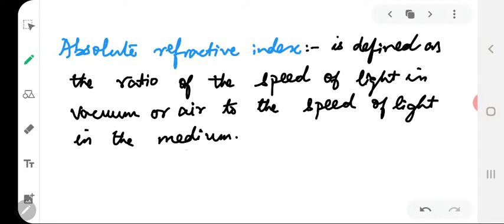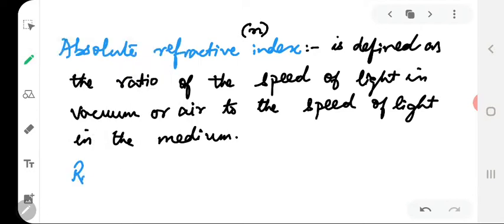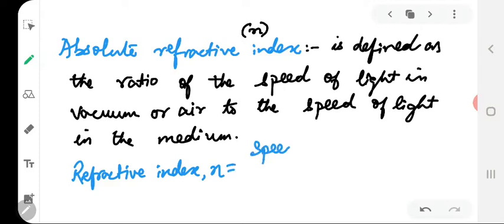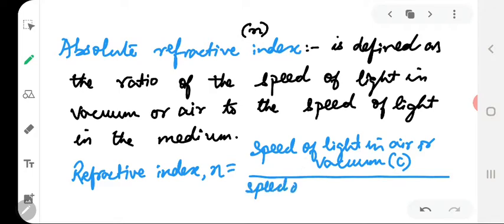It is denoted by the alphabet N. So we can write down that refractive index N is equal to speed of light in air or vacuum, which is denoted by alphabet C, divided by speed of light in the medium, which is denoted by V.